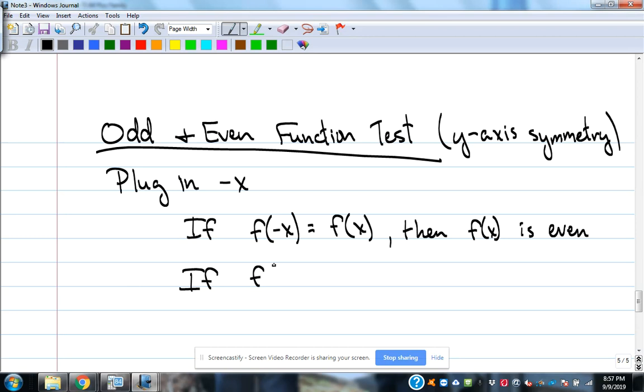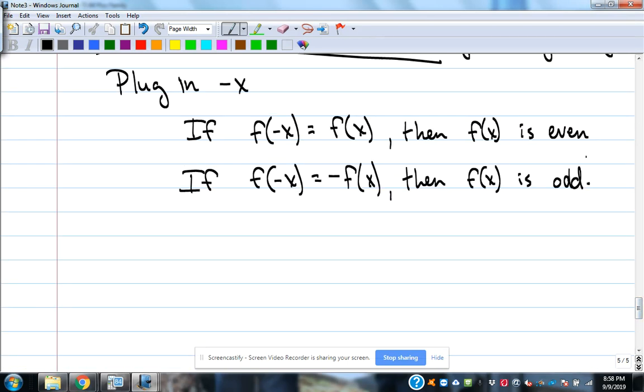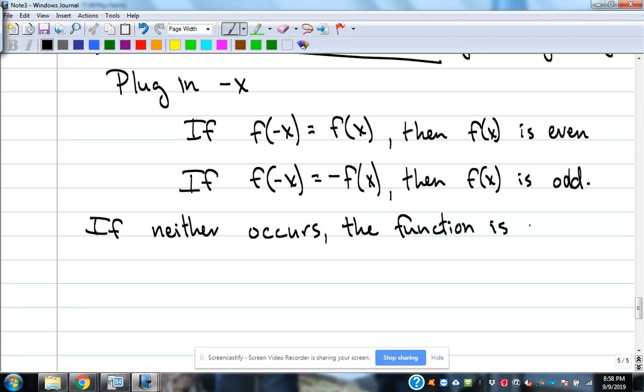If you plug in f of negative x and you get the opposite back, then f of x is odd. With the opposite back, it's odd. If neither occurs, the function is neither.